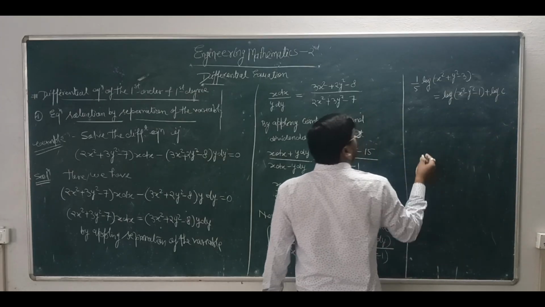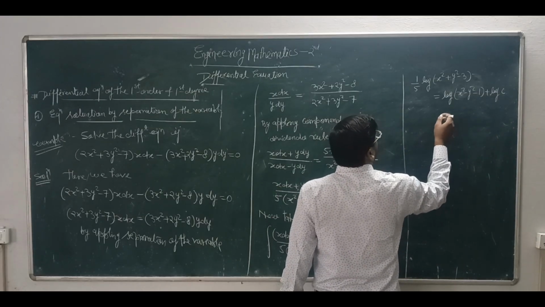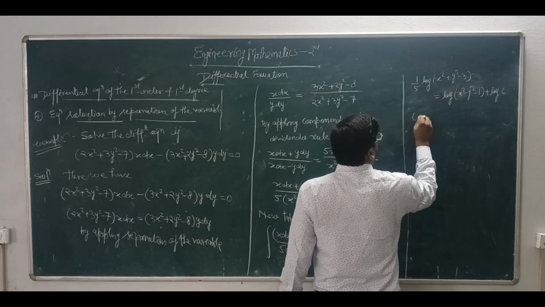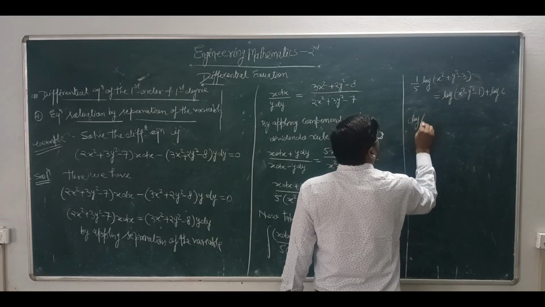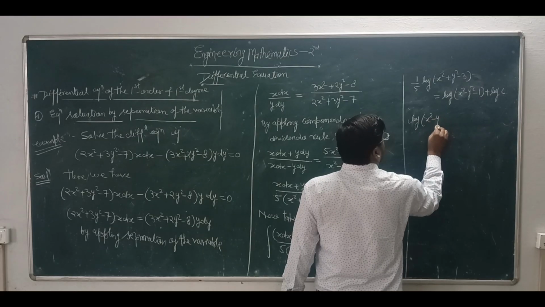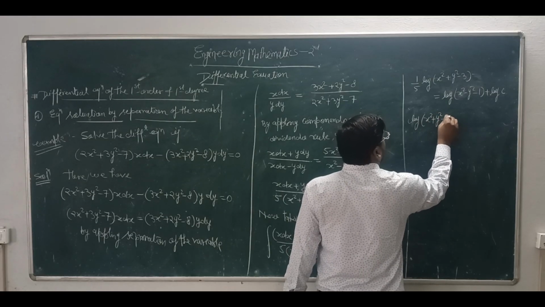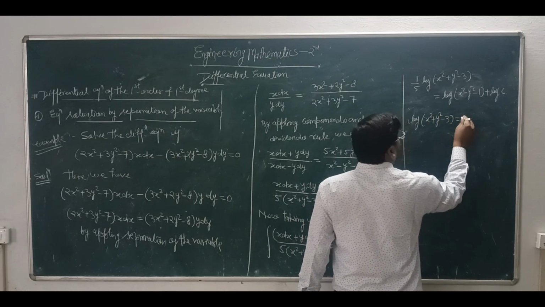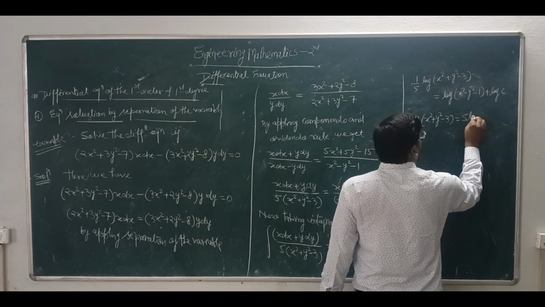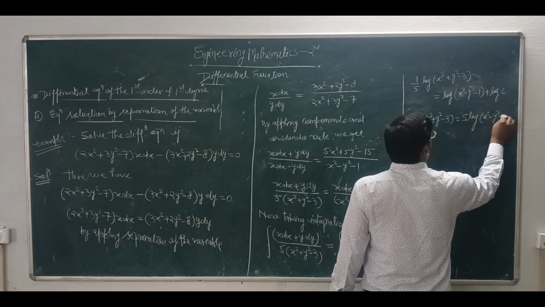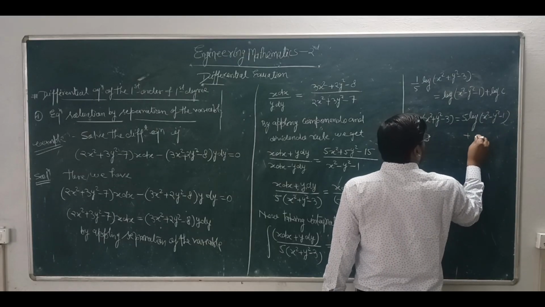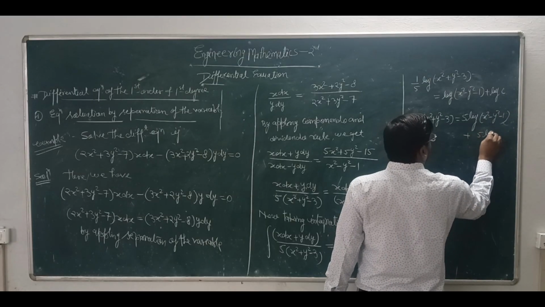Now you can write log (x square + y square - 3) is equal to 5 log (x square - y square - 1) plus 5 log c.